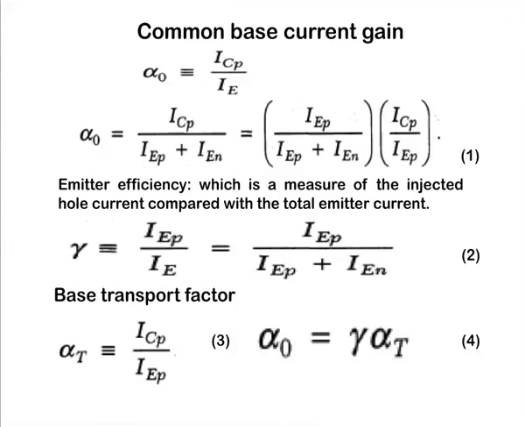In equation 1, the first term on the right hand side we define as the emitter efficiency gamma, IEP upon IE, and the second term we define as the base transport factor, which tells how many holes are recombined and how many holes reached the collector. So, this is called the transport factor alpha t equal to ICP upon IEP. So, now our common base current gain alpha 0 is equal to gamma alpha t. So, this depends on the emitter efficiency and base transport factor.